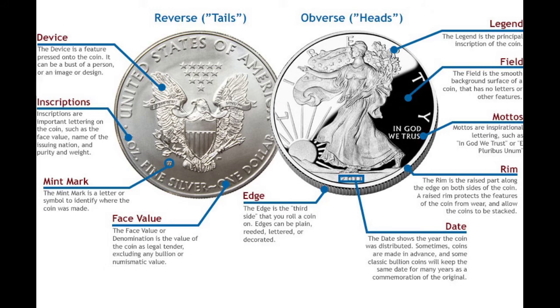Everything here is basically the same. They're calling the feature there the device on the back. Inscriptions, mint mark. So yeah, that's pretty much the same as the other ones.